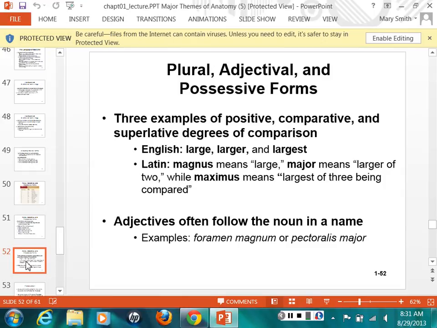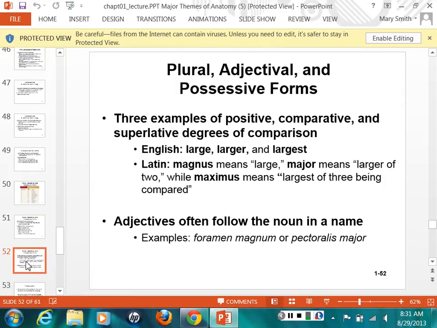Okay. Pectoralis major. What do you think this muscle is? It's a large muscle that's found where? In the chest region, right? Or the pectoral region. Major means what? Larger. You have a pectoralis minor. There are two of them actually.